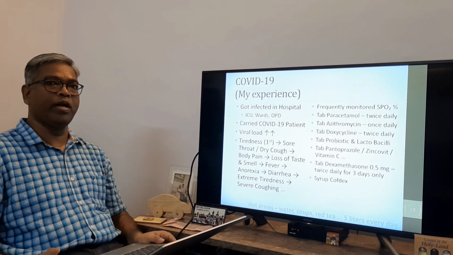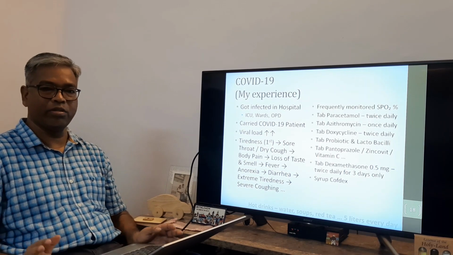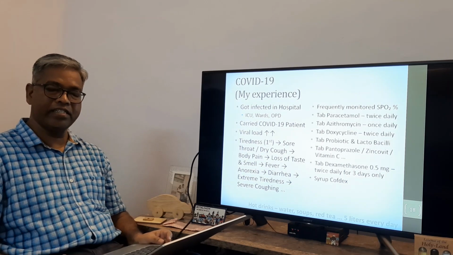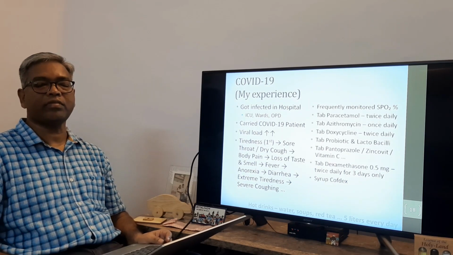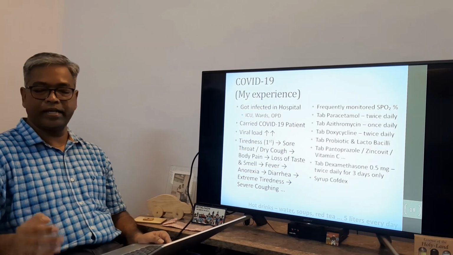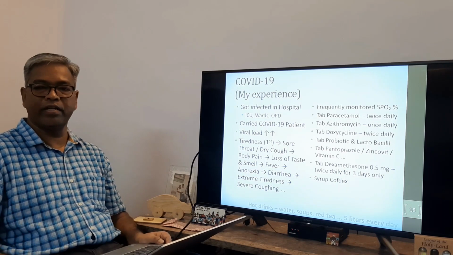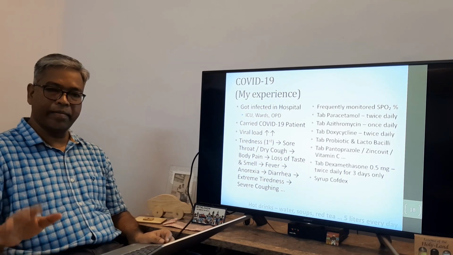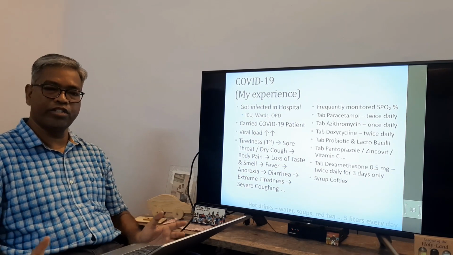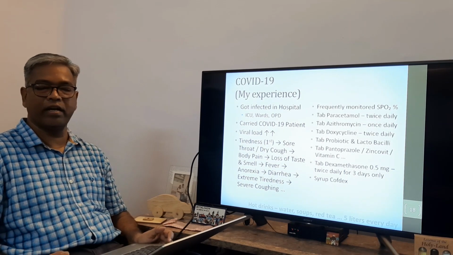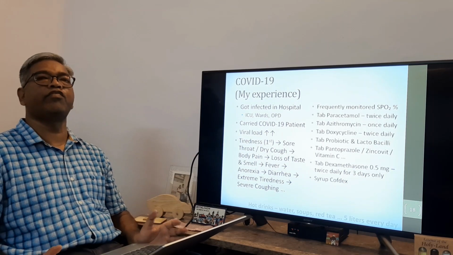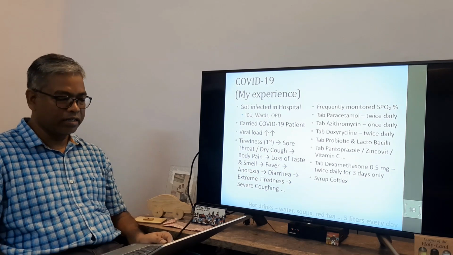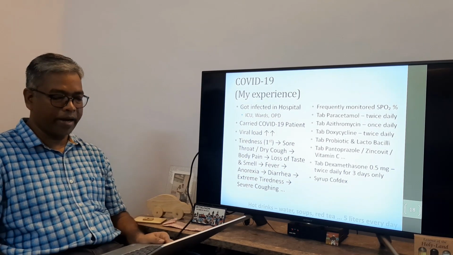Then I knew something was wrong, and I had to quarantine myself and lock myself in the room for 13 days thereafter. I didn't step out and nobody came in. There was a table laid there where all my needs were kept: the food, the hot drinks, the clothes. I was just inside the 4 walls with the attached bath for 13 days. That is how I managed myself.